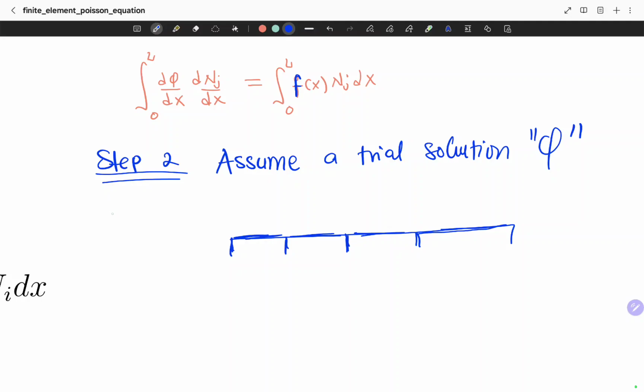So we want to say that psi is represented by some basis coefficients psi I, which are what we will be looking for, and then some basis functions Ni of x.